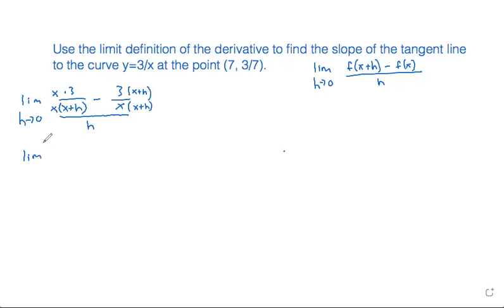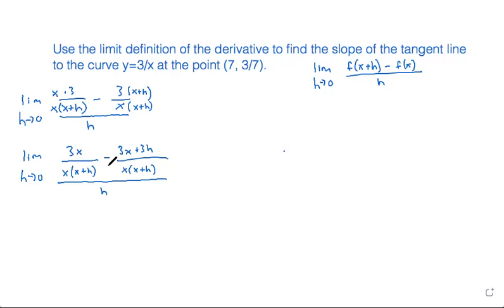So this is the limit as h approaches 0 of 3x over x times x plus h, minus, I'll go ahead and multiply the numerator out, 3x plus 3h over x times x plus h. And then all of this is over h.